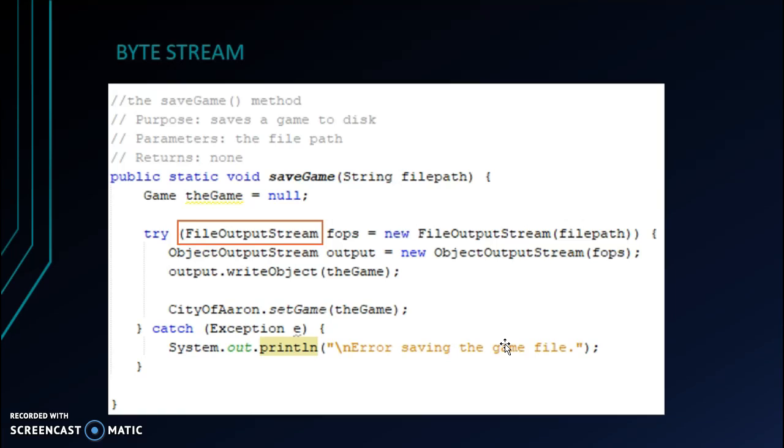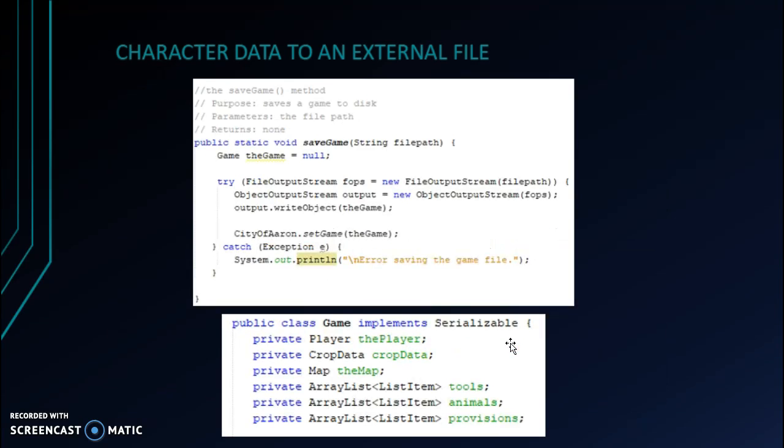We use file output streams, which are used to read and write binary data from a file. To write data to an external file, we use FileOutputStream and ObjectOutputStream.